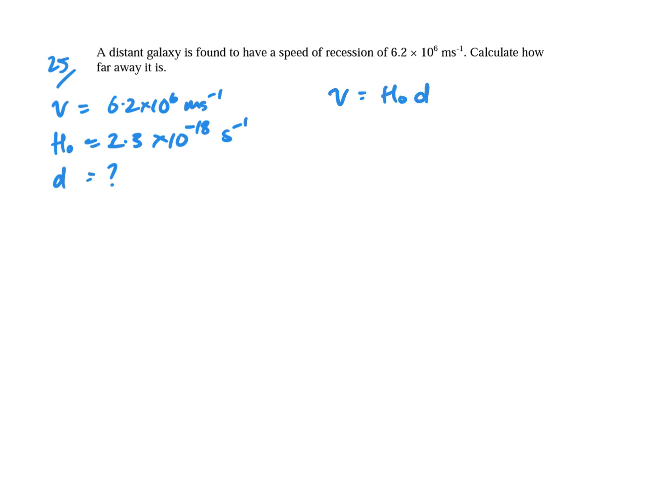There's Hubble's law in equation form. And dividing both sides by 2.3 times 10 to the minus 8 gives us d is 2.70 times 10 to the 24 meters.